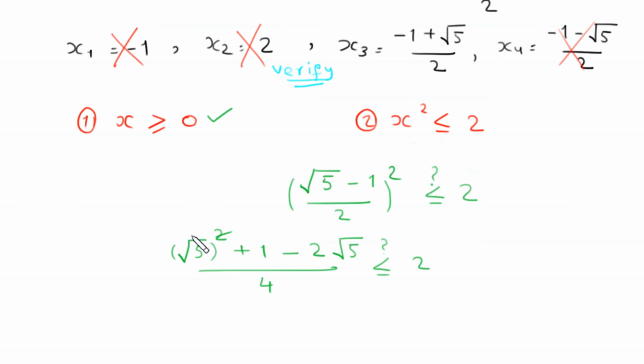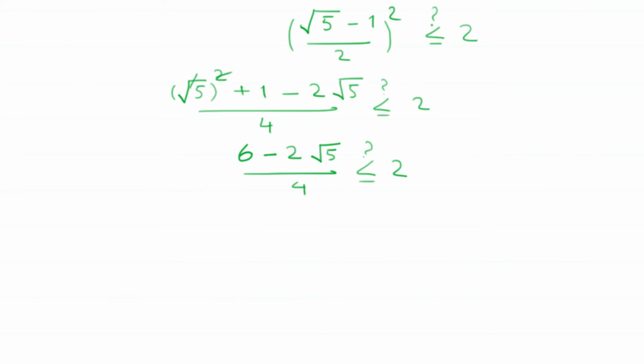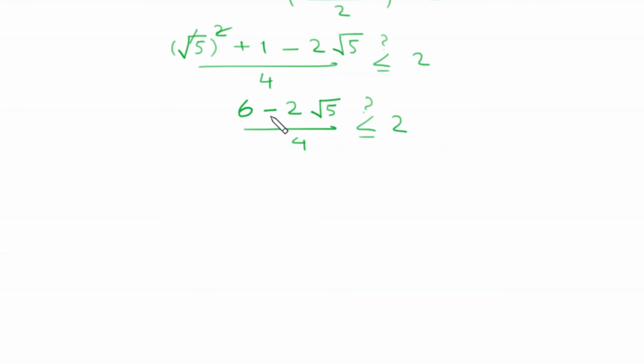Now the square will cancel out with the square root, and 5 plus 1 becomes 6 minus 2 times square root of 5, divided by 4. Is it less than or equal to 2? Now from these two terms we can factor out 2 as a common factor, and in the bracket we are left with 3 minus square root of 5, divided by 4. Is it less than or equal to 2?